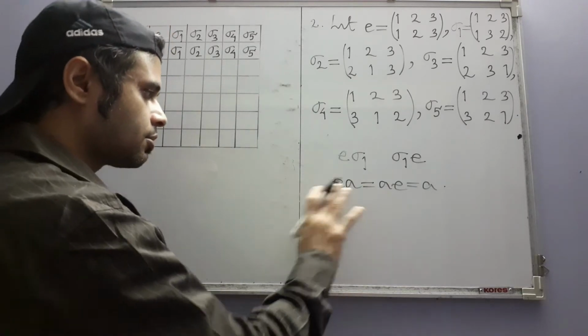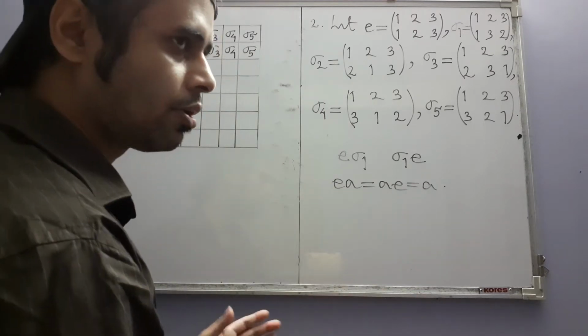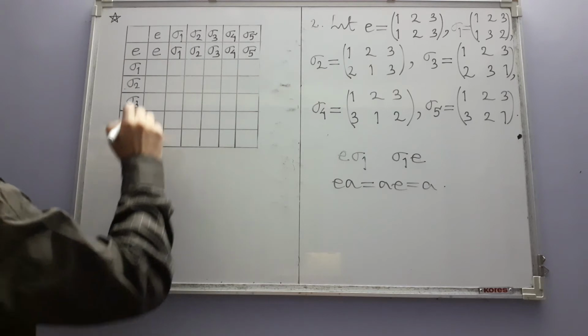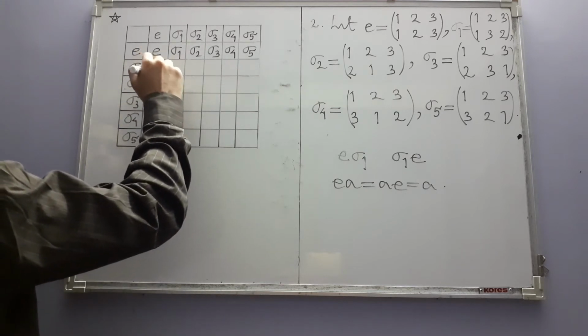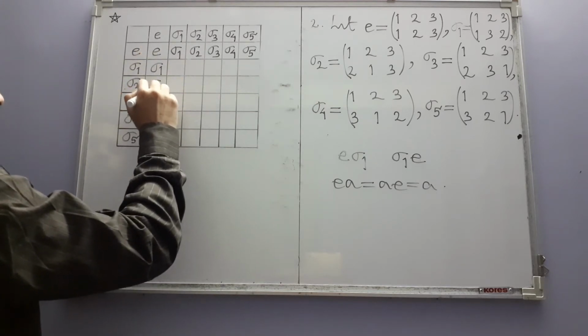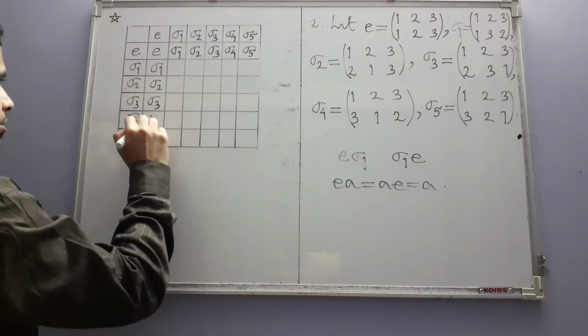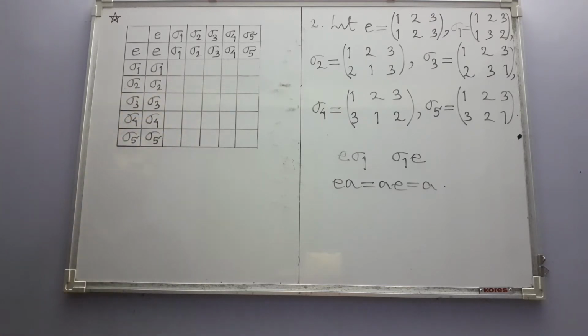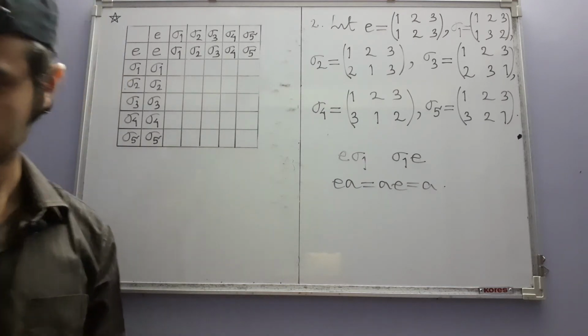So E already commutes with all elements. So for this column at least you can in fact write like before: sigma 1, sigma 2, sigma 3, sigma 4 and sigma 5.